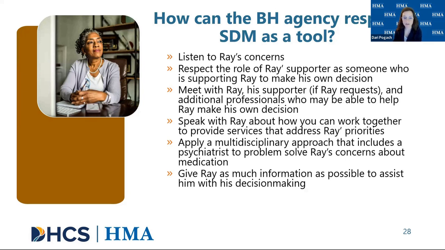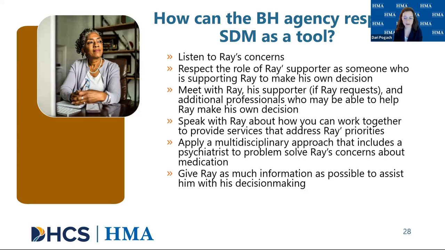So here, the agency can also help by ensuring that, again, it's not just about the supports, it's about the services too. So who are the other professionals or services that could be provided to help Ray make his own decision? Be direct, speak with Ray. How can we work together to provide those services that address your priorities?